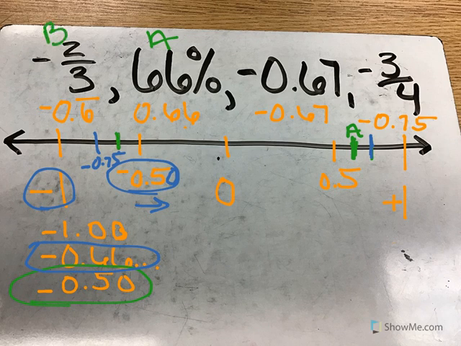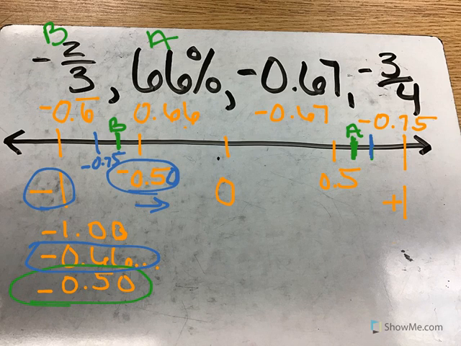So -2/3, which is -0.666, and again it goes on forever, but for this problem, that's all right. -66 hundredths, B, would end up right around there. Because again, -66 hundredths is in between -75 hundredths and -50 hundredths.